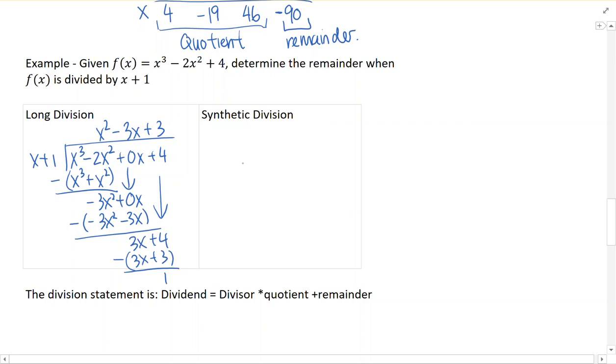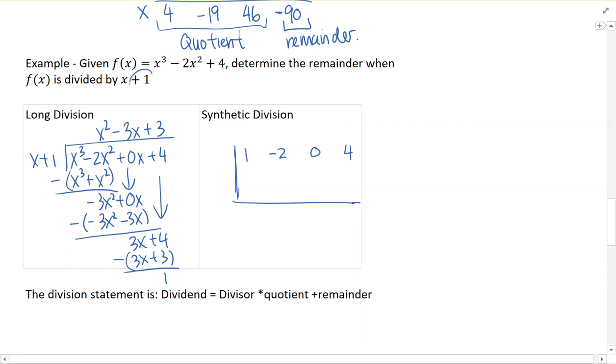All right, let's look at synthetic division. So same idea as with long division. You still need to fill in that 0 coefficient if it's missing. So we have 1, negative 2, 0, and 4.